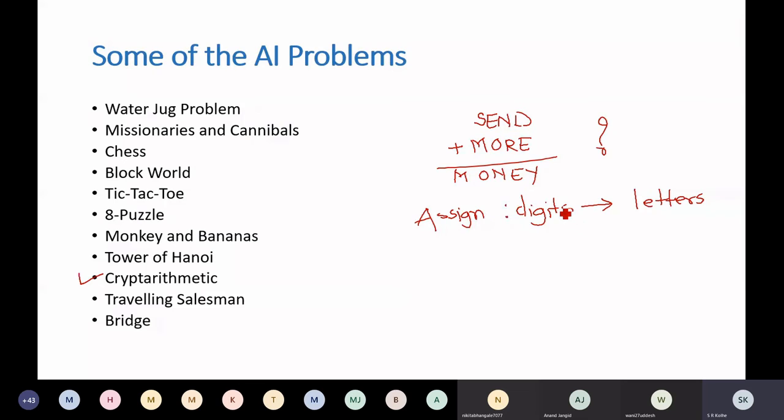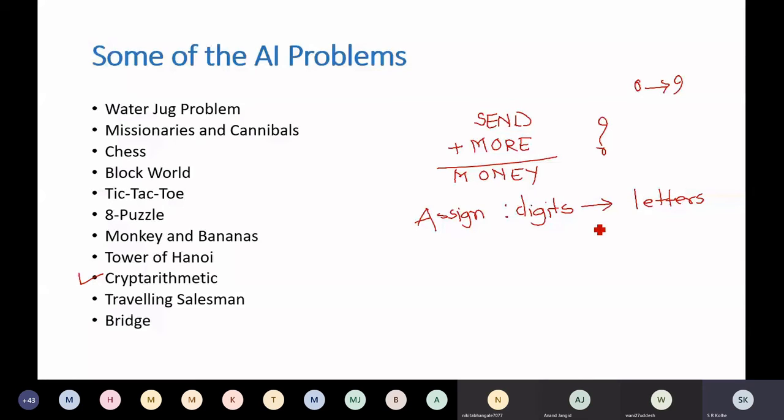How many digits are there? In decimal numbers, 0 to 9. Correct. So 10 digits are there. You will have to assign these 10 digits to letters in such a way that no two different letters will be assigned the same digit.